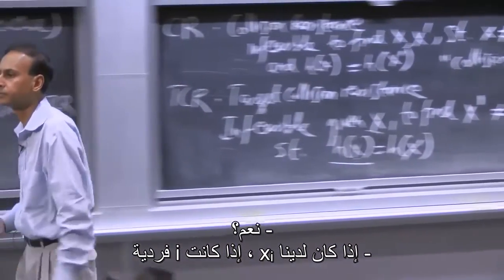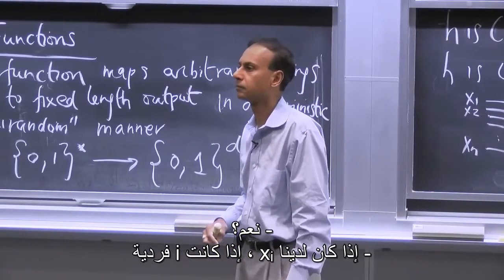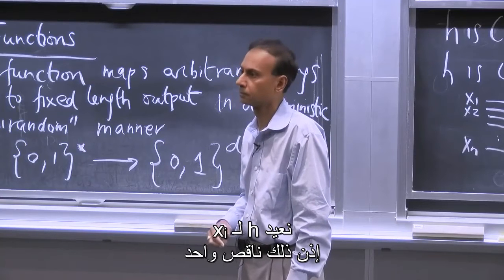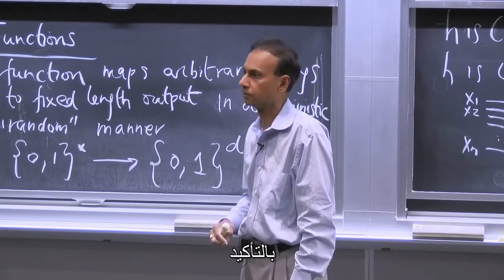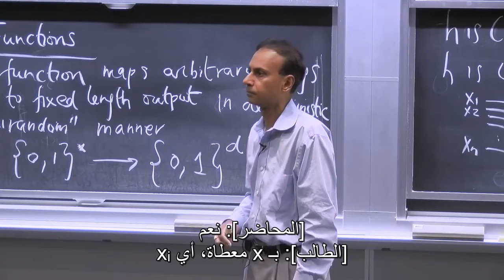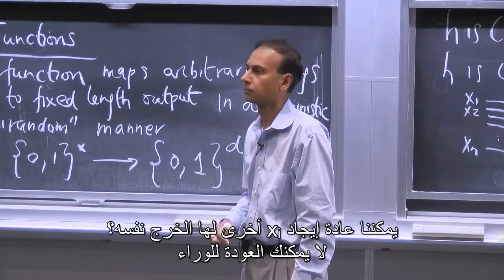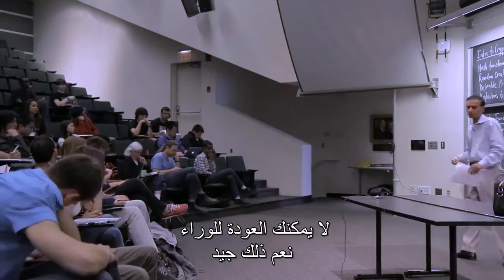So if you have x sub i, if i is odd, then return h of x sub i minus 1. So return like the even version. Sure. Now, given any x sub i, you can easily find another x sub i that has the same output. Yep. But you can't go backwards. You can't go backwards. Yeah, that's good.